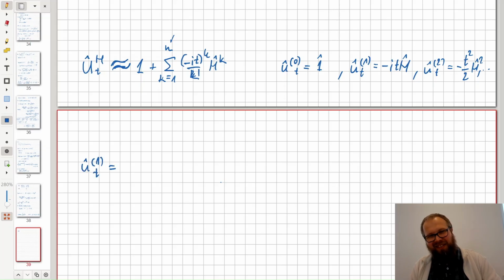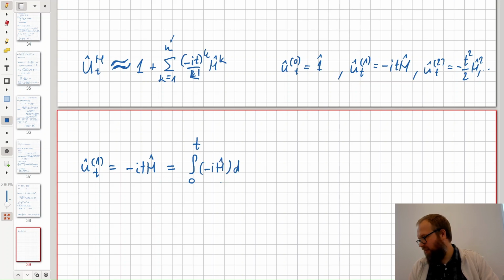So we have this guy, it's iHt, but I can convert t into an integral, iH times the integral of ds. Okay, this is true. Constant thing integrated, it's just t, right? But then I can do even more with this.